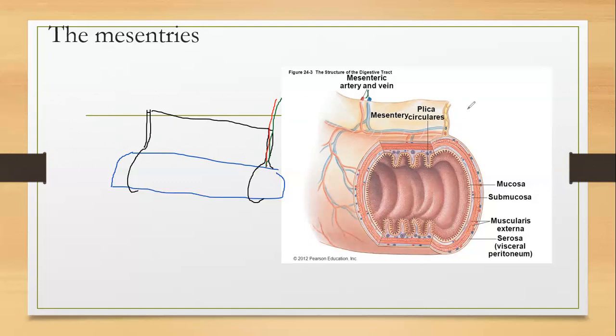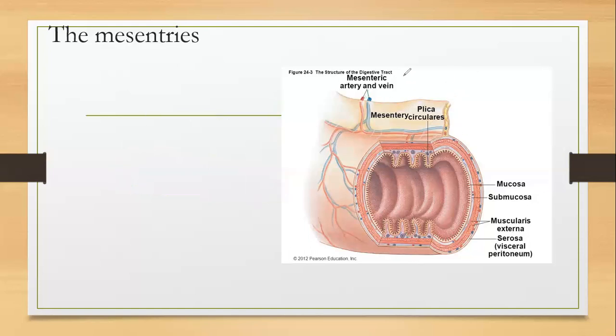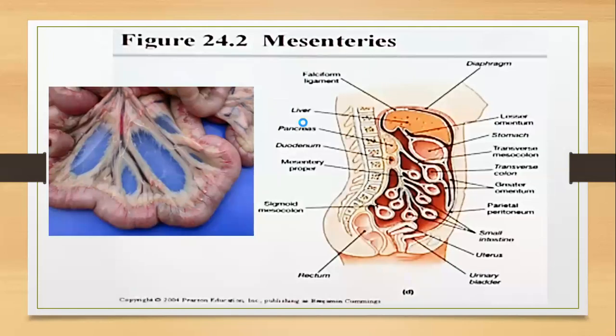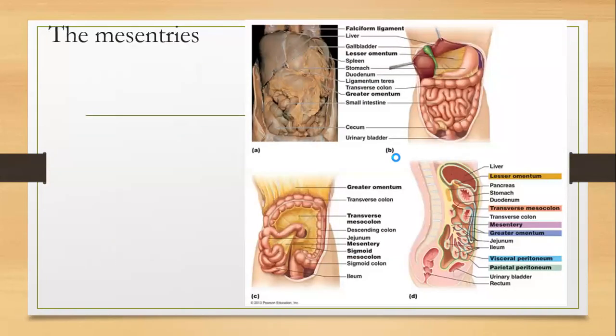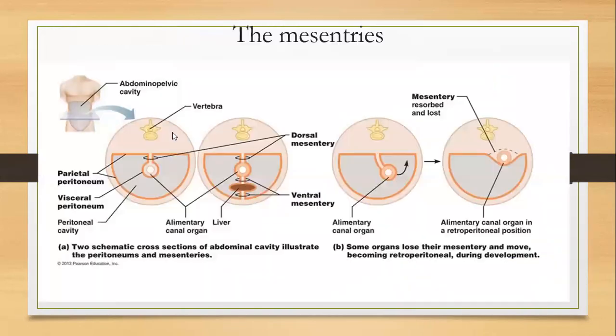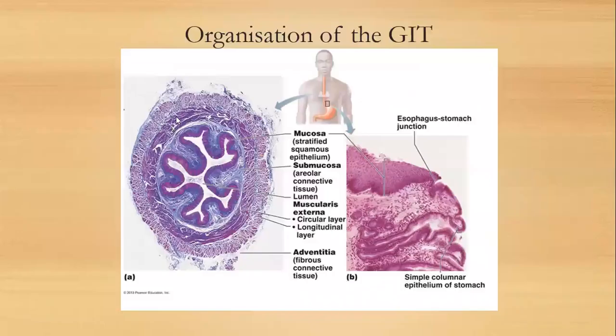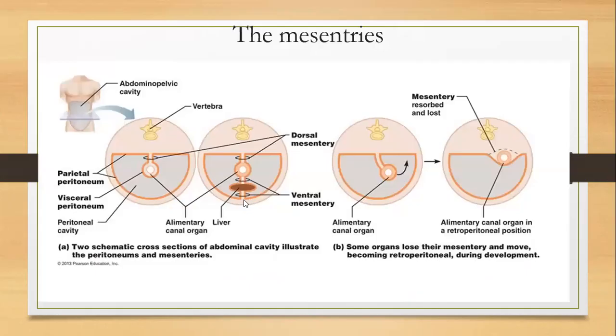But this does not happen because these mesenteries are attached to the body wall, and as they are attached to the body wall, they prevent your intestines from falling, and that's what we have here. So in the organization of the GIT, I needed you to look at the 4 layers of the GIT, and then secondly, look at the organization of the mesenteries.